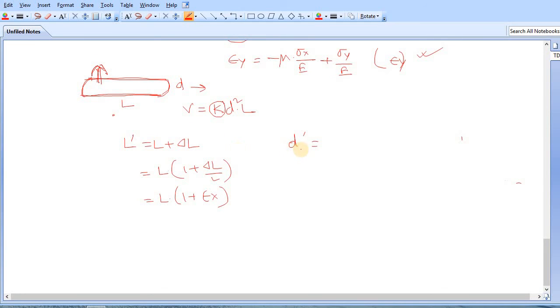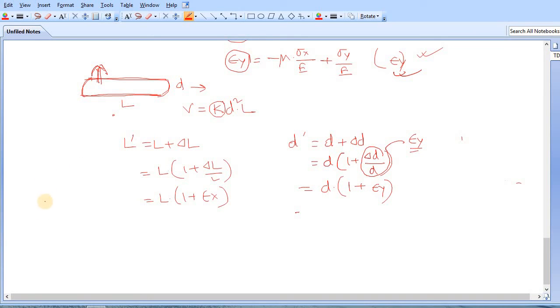So the lateral dimension D dash is equal to D plus delta D. Take out D, it is D multiplied by 1 plus delta D by D. This is the strain in the y direction, or epsilon y. This one we have already calculated.